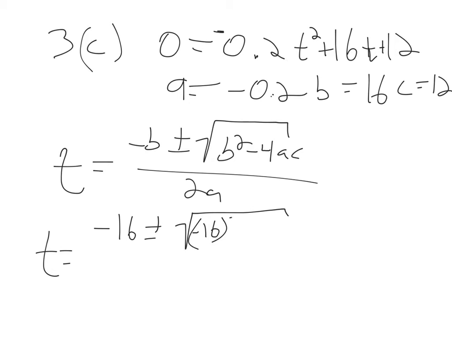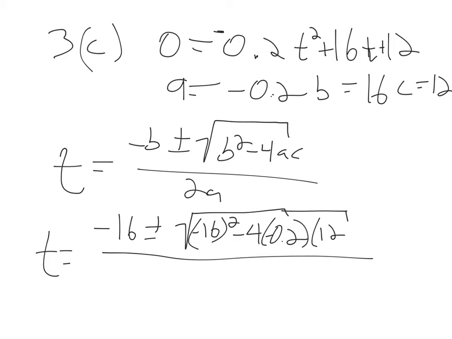You have to put that in brackets, b squared is always positive. And then minus 4 times negative 0.2 times c, which is 12. Okay, that's the discriminant, and then 2 times negative 0.2.